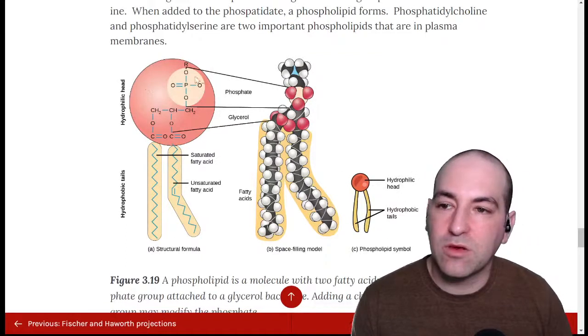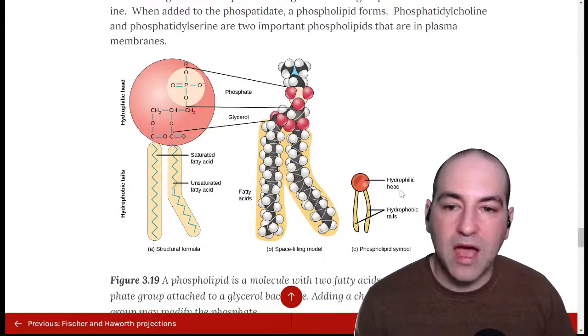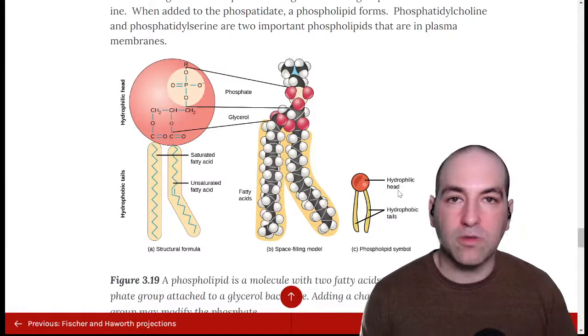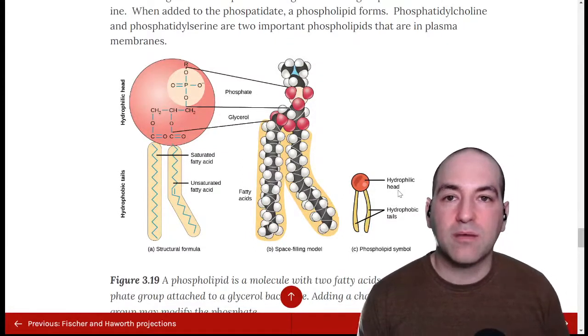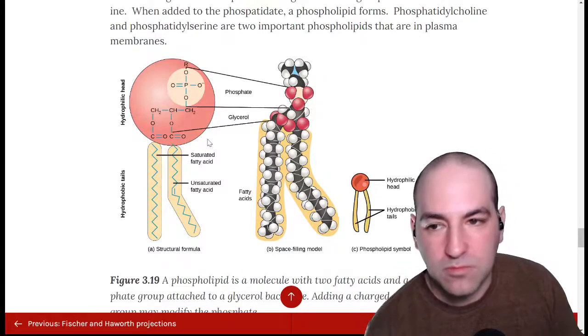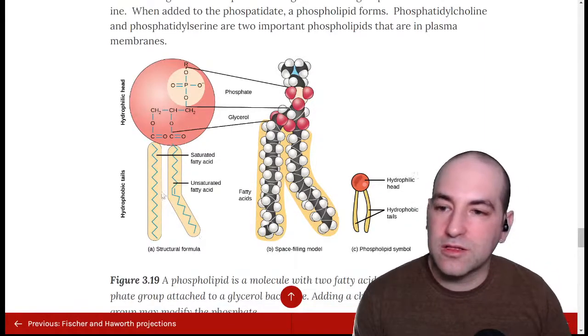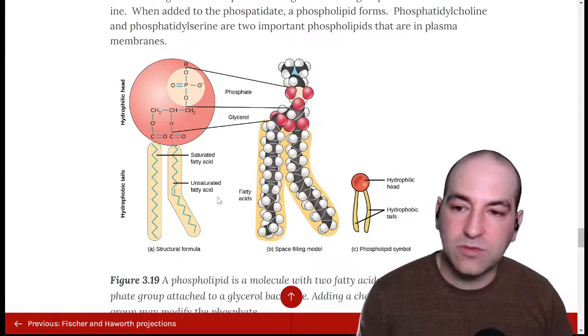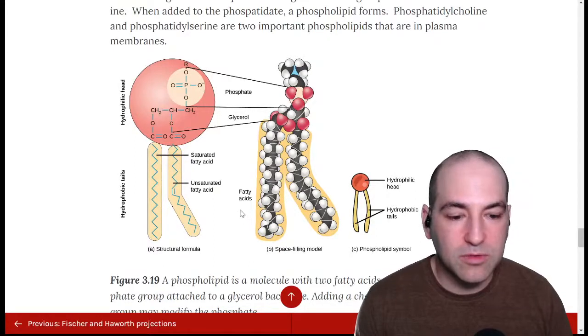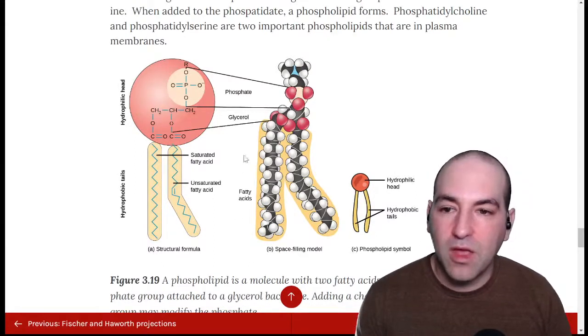And the head of this molecule with the phosphate is very hydrophilic, which means it's really polar. It wants to attach to charged things like water. But the tails are these fatty acids, which we've talked about are very nonpolar because they're mostly made of carbon and hydrogen.